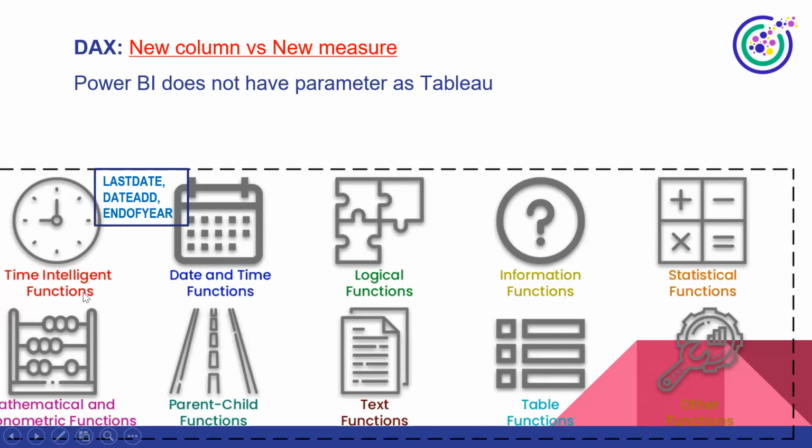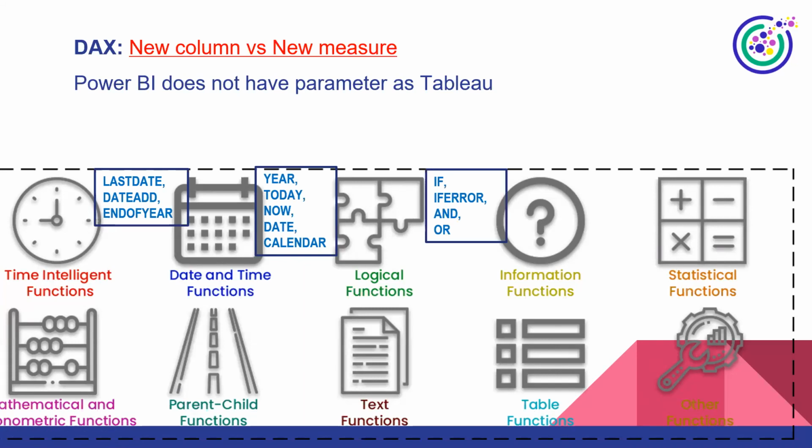For example, time intelligence, we have last day, date at end of the year, etc. Or date functions, we have year, today, now, or we can make a calendar. The logical functions are similar to other tools: we have if, and, or, not, etc. We can use information functions like is text to check if a value is text or not, so it will return a Boolean result.